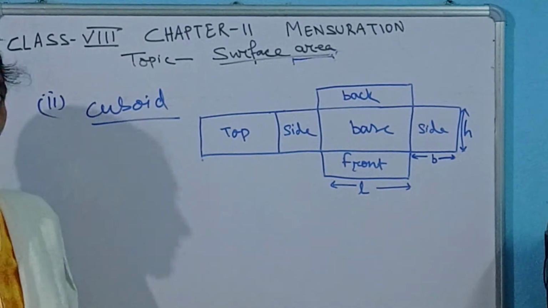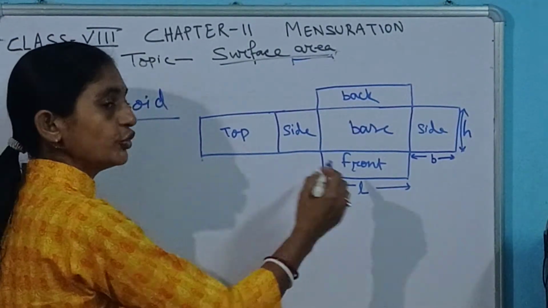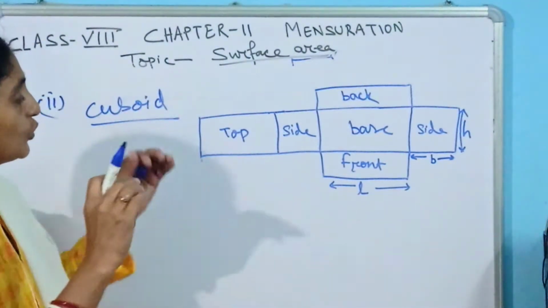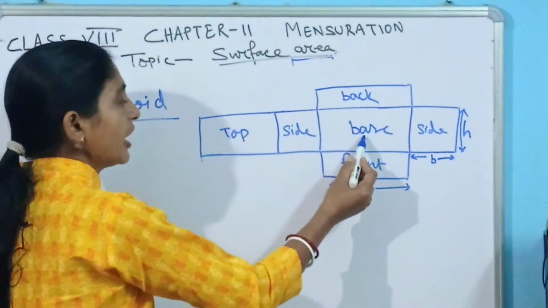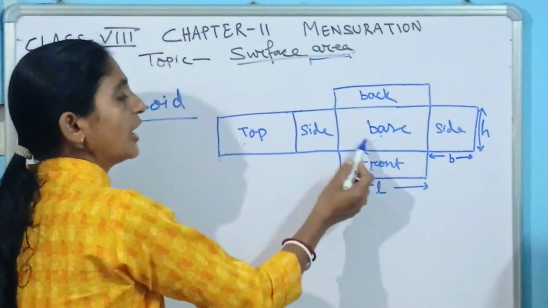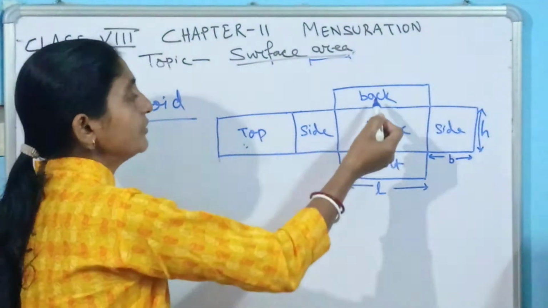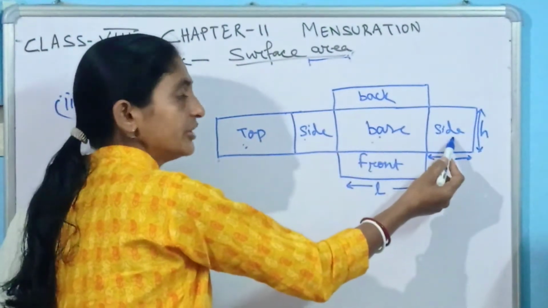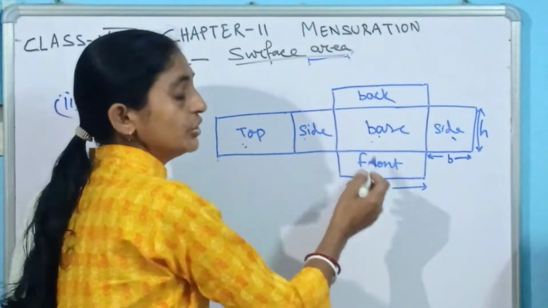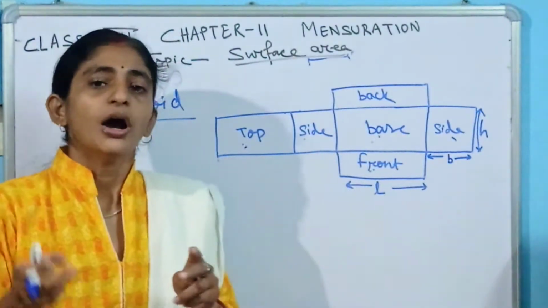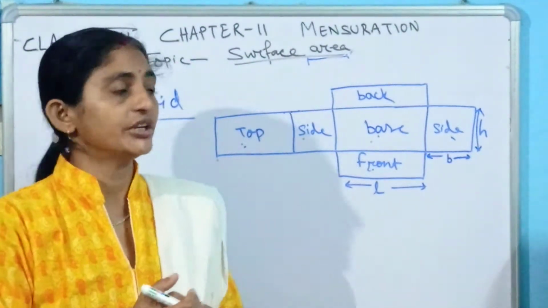Here I have drawn one net of a cuboid. If you open this one, what will you get? It has one base and one top, and these two are identical. Then it has two sides, which are also identical, and back and front, these two are also identical.